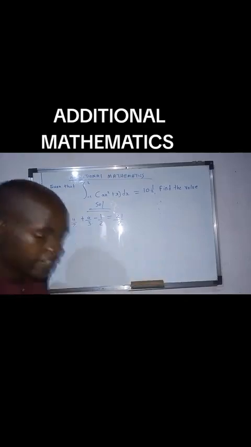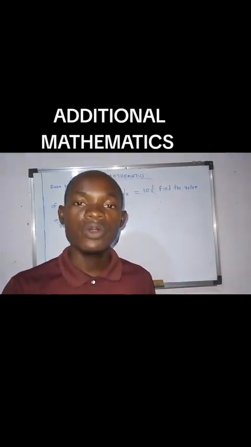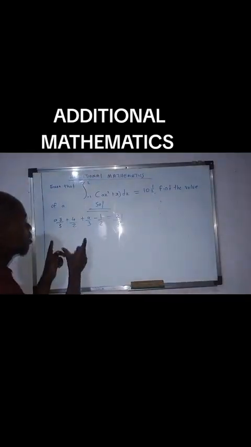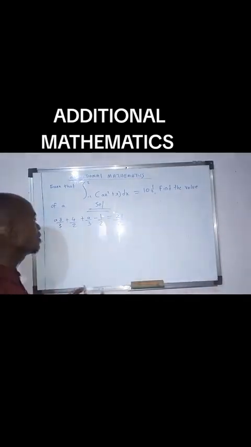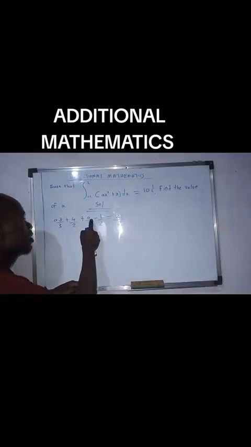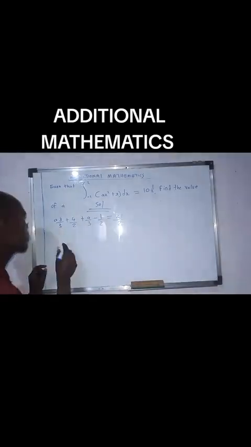Now, the next step, we have to remember a bit of algebra. We have to take note of the terms which are the same, or the like terms. As you can see, I have a here, and also here I have a. So I can put the terms which have a together.